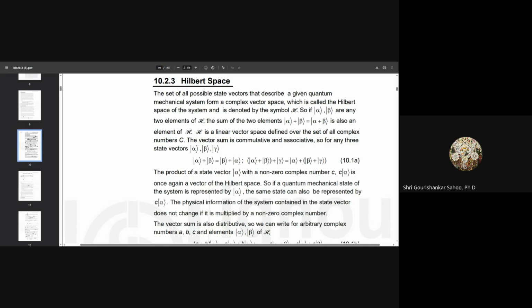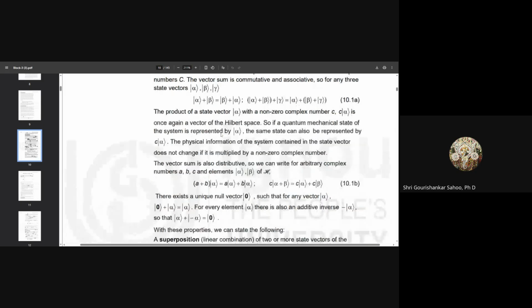So if a quantum mechanical state of the system is represented by ket alpha, the same state can also be represented by ket C alpha. The physical information of the system contained in the state vectors does not change if it is multiplied by a non-zero complex number.